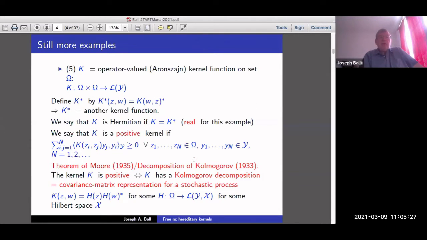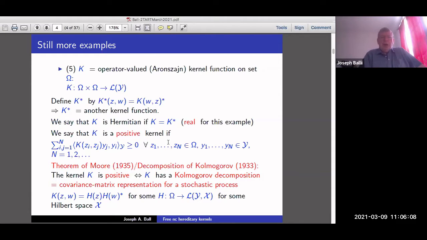Then still more examples. Example 5, we talk about kernels as in the 1950 paper of Aronszajn. We can take an adjoint of a kernel, defined by taking the adjoint of the thing with the arguments interchanged, and K is Hermitian if it's equal to its adjoint, and it's positive if this positivity condition holds, which defines a positive kernel on the set omega.